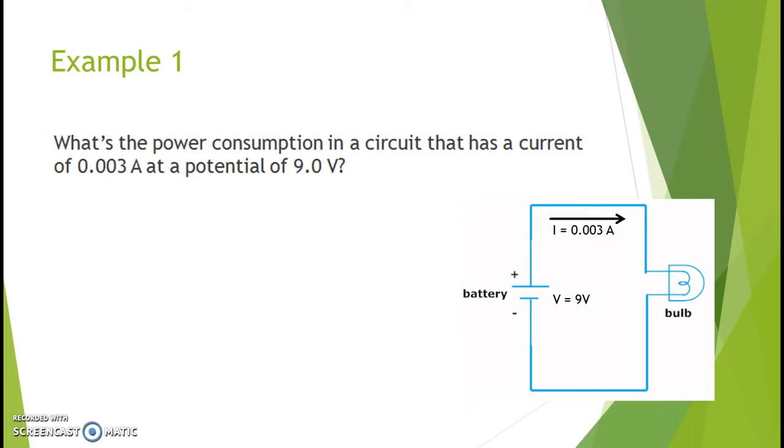And our givens are pretty obvious, really. I is equal to 0.003 amps, and V is equal to 9.0 volts. Now, I need to emphasize that you're not just going to identify these things. You're going to write them down each time you solve a problem.